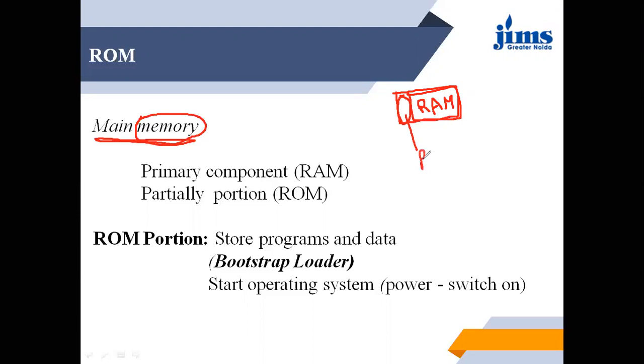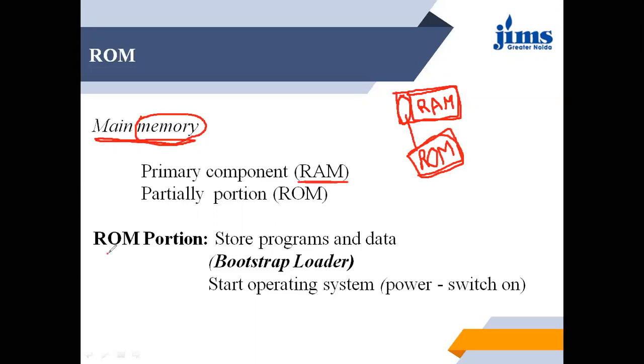This is random access memory, and data is permanent in read-only memory, whereas data is temporary, that is volatile, in RAM.